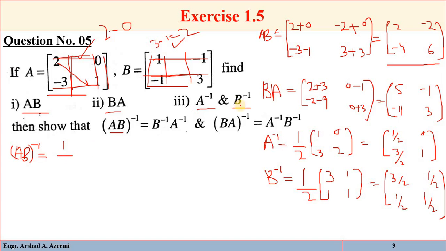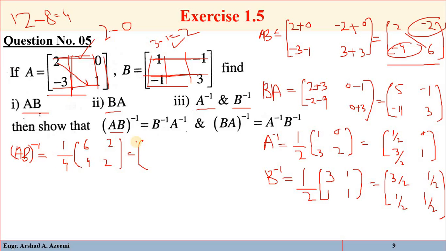So 1 divided by 2 6 are 12 minus 2 or minus 4 multiplied, so it will be plus 8. So the determinant of AB matrix is 4. Okay, 1 over 4, and its adjoint will be 6, 2, 2 and 4. Just change these two elements and change the sign of these two elements. It will adjoint, and it will be equal to what?